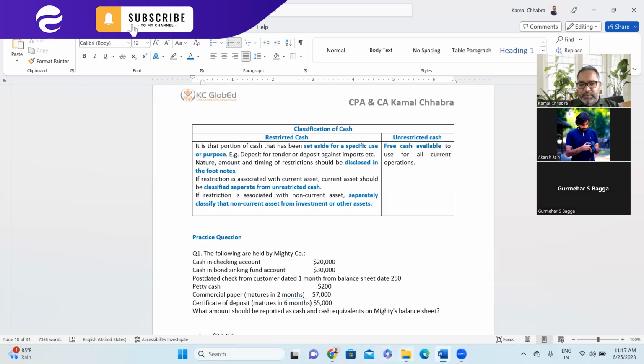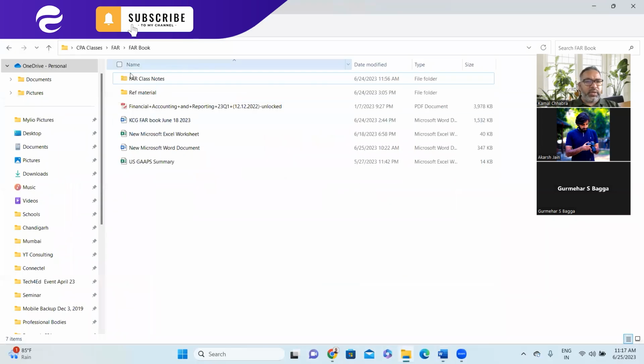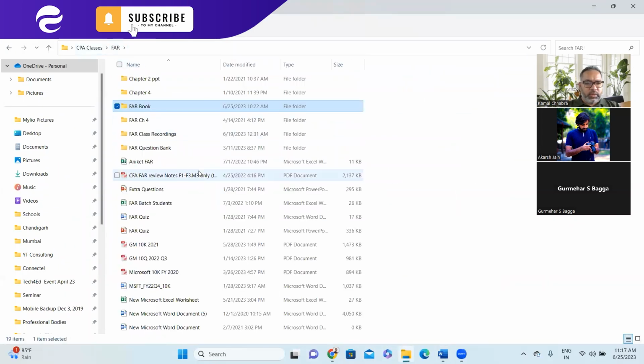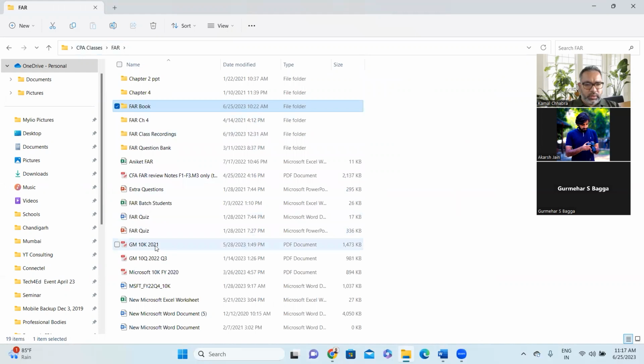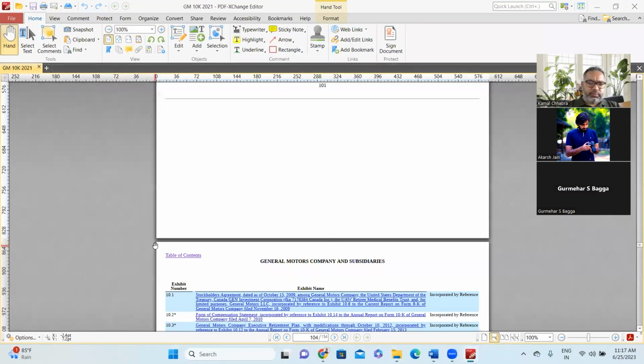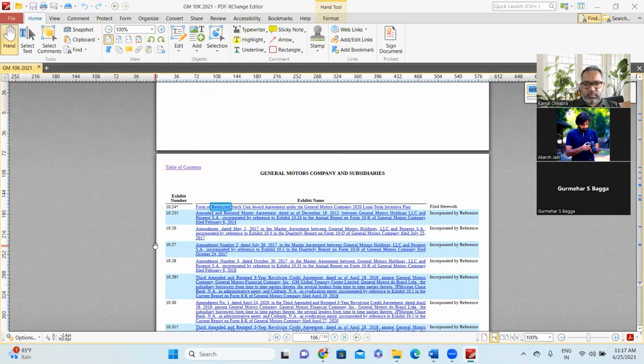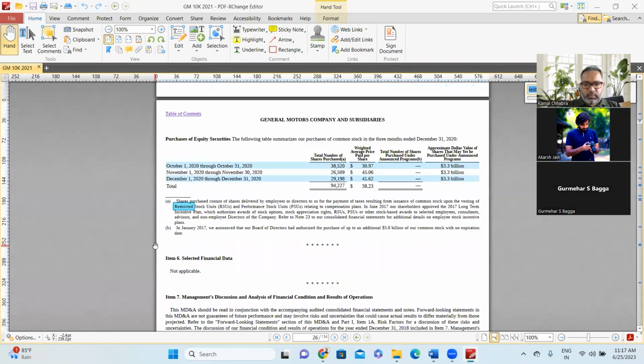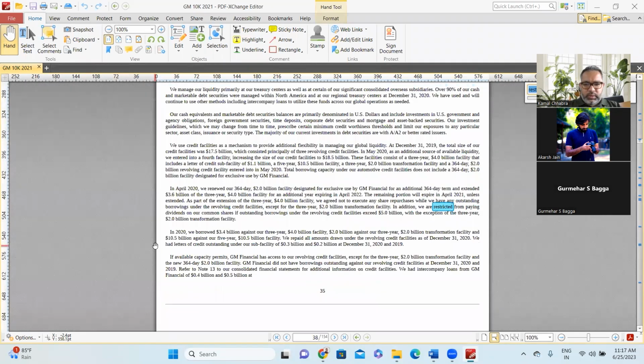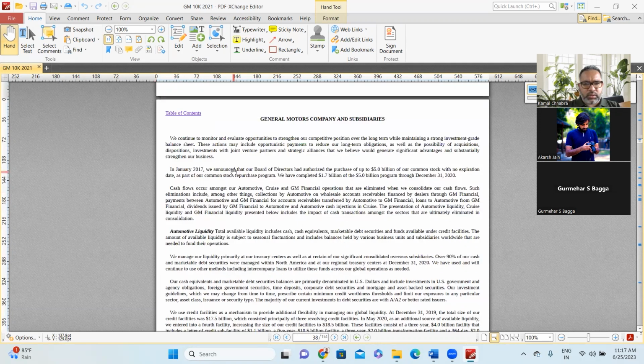Like for example, if you guys remember the 10K, yep, there you go. So here is restricted stocks.